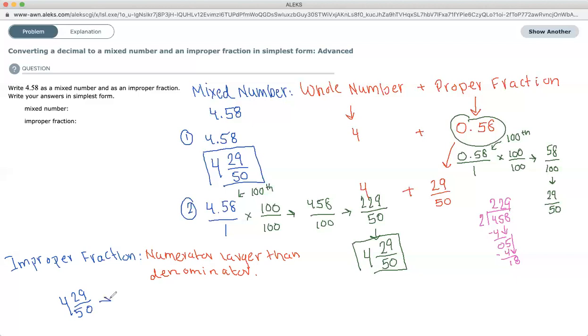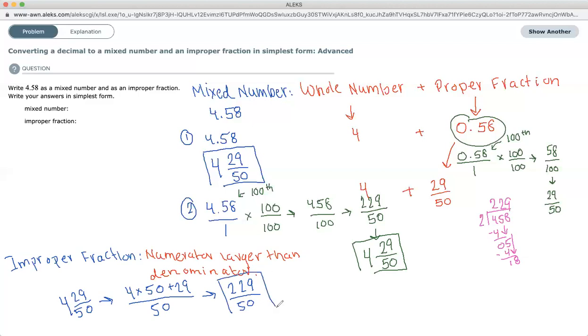All right, but just going through these steps, we always multiply the whole number and the denominator, and then add the numerator to that. The denominator stays the same. Following order of operations, I have 4 times 50, that would be 200, plus 29 is 229, and we're going to divide by 50.